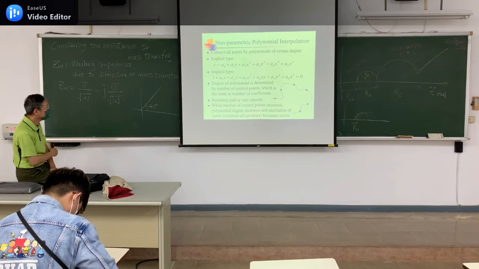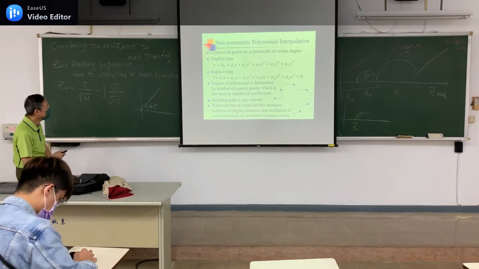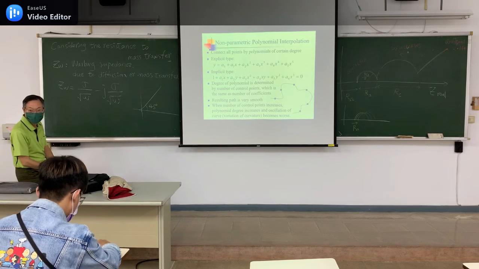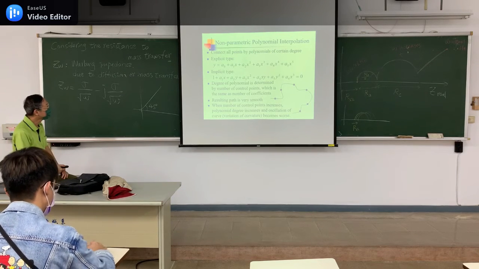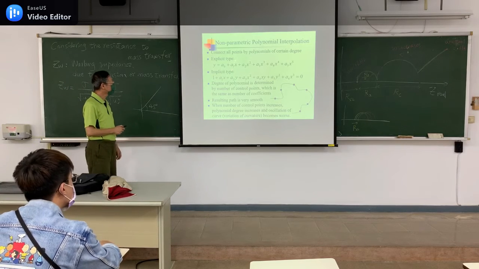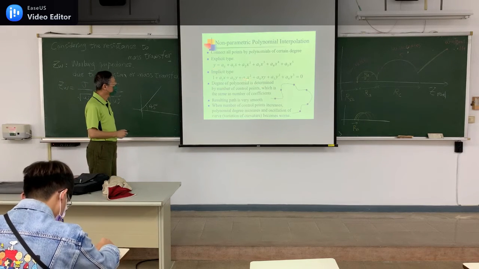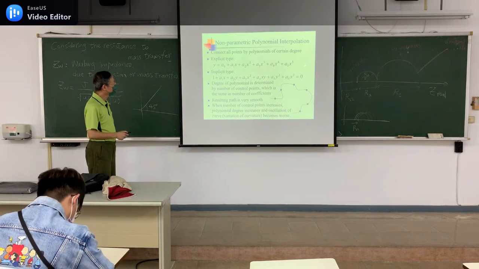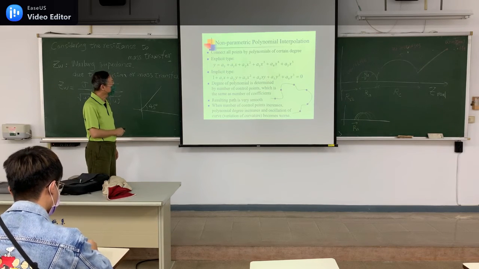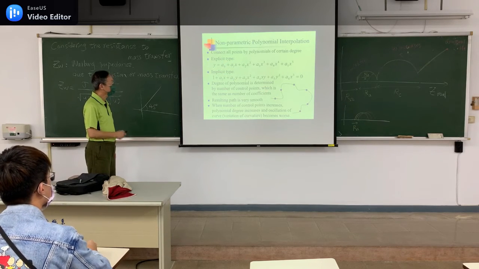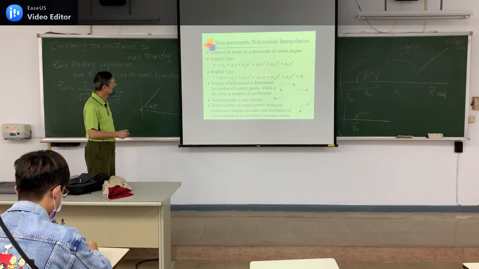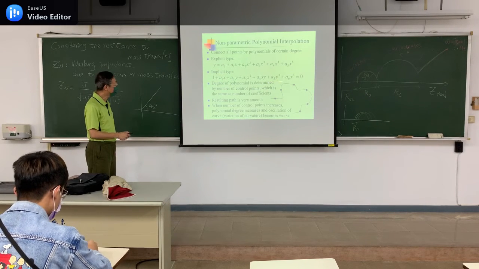Non-parametric polynomial interpolation is that we connect all points by a polynomial of a certain degree. For example, one expression type is to represent y as a polynomial function of x. Another way is to write a polynomial in both x and y.